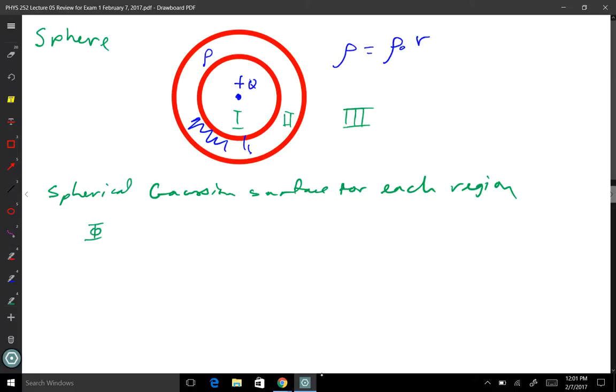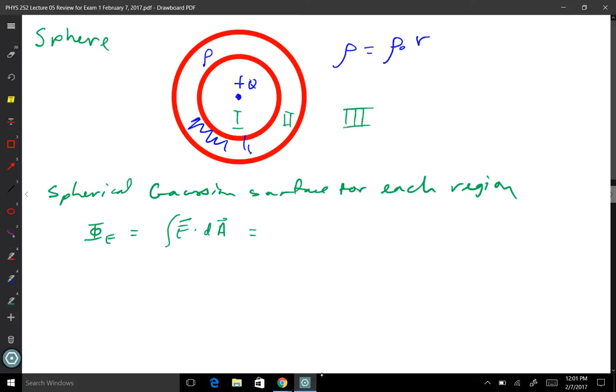The symmetry says that it's equal to EA, well, let's do the whole long thing. It's the integral of E dot dA, yeah, E dot dA.